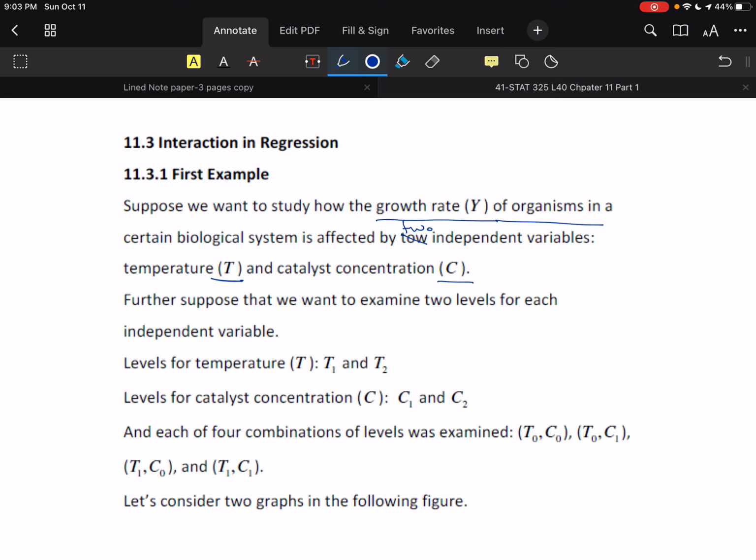We're going to study 2 levels of each variable. For temperature, we're going to look at T0 and T1, and for catalyst concentration, 2 different concentrations, C0 and C1. So there are 4 different combinations examined: T0 C0, T0 C1, T1 C0, and T1 C1.